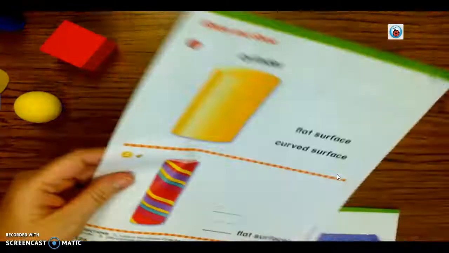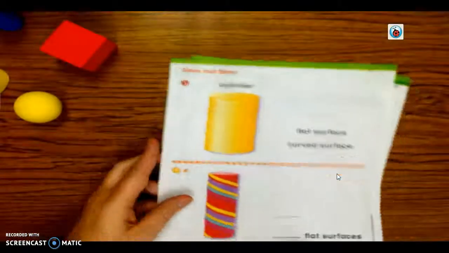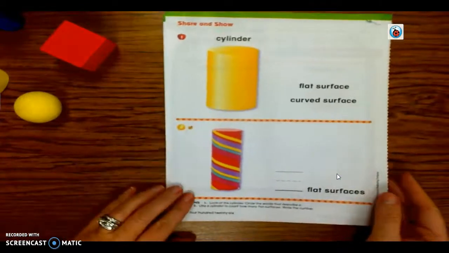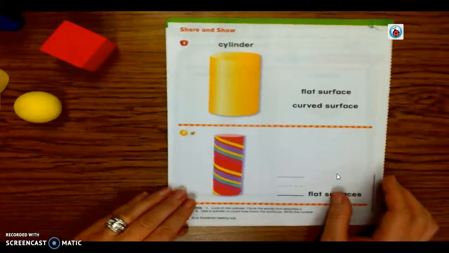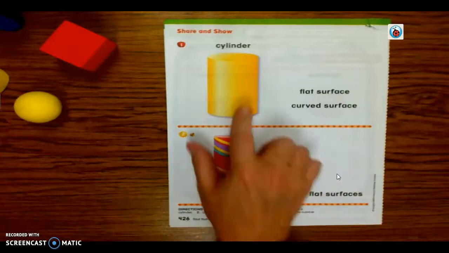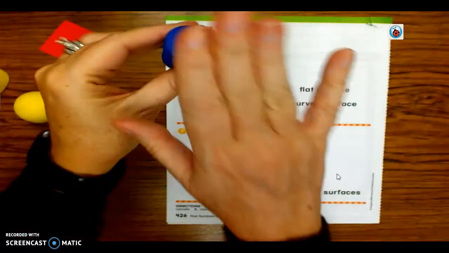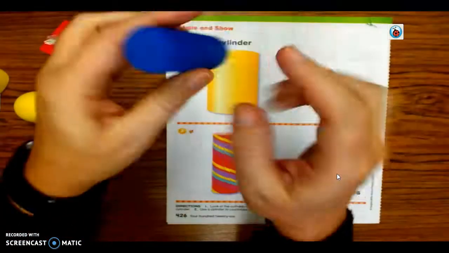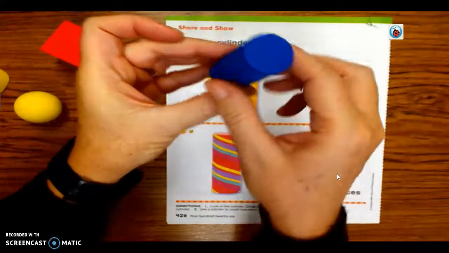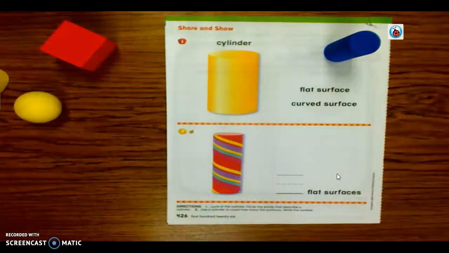All right, let's turn our page and learn some more about a cylinder. Put your finger on the red apple. Here's our cylinder. It has two flat surfaces and the rest is curved. The directions say look at the cylinder and circle the words that describe a cylinder.